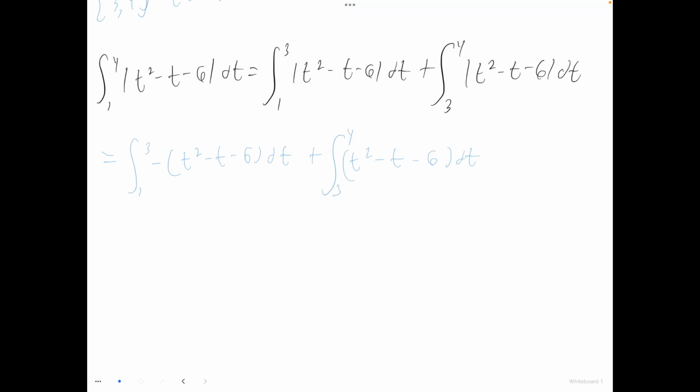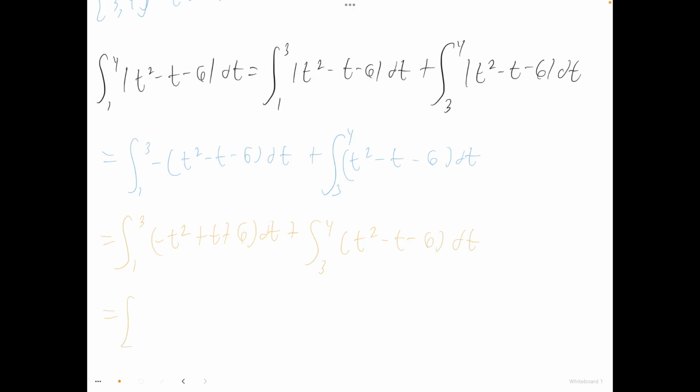And now we take the antiderivative of everything. Well, actually, let's multiply it out first. We get, from 1 to 3, negative t squared plus t plus 6, just multiplying our negative in. And then the second one doesn't get changed at all.